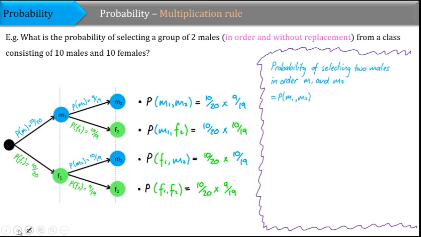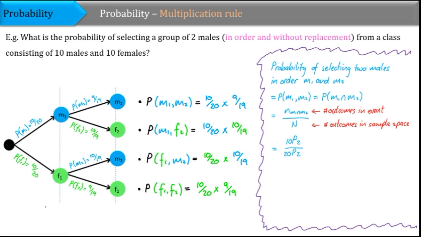Now if we use our counting techniques, then we'll start off and we'll say that the probability of getting a male first and a male second will be the number of outcomes in that event, okay, the number in that intersection, divided by the total number in the population. Okay, so that's the outcomes in the event and the outcomes in the sample space.